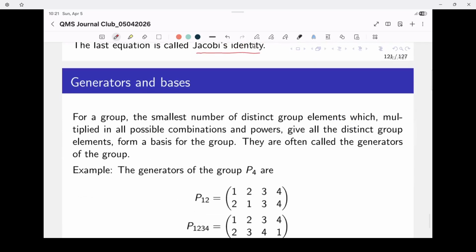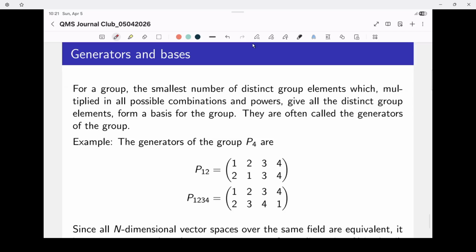So the next thing that we want to go into is the idea of generators or bases. The concept will be the same, but in the group setting, we usually call it a generator.